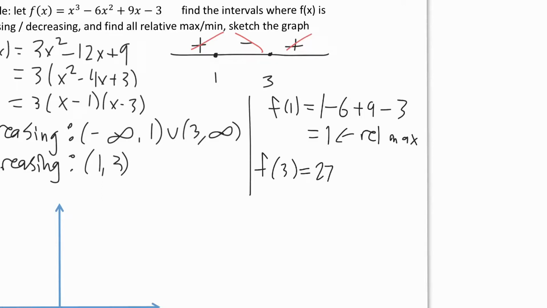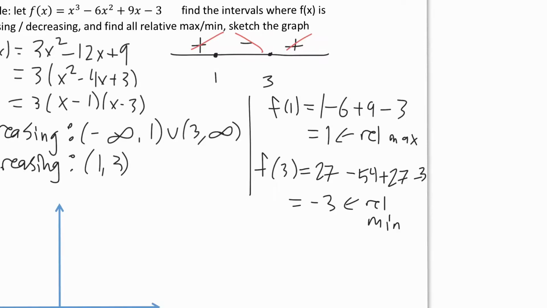So we get 27 minus 6 times 9, so 54, plus 9 times 3, so 27, and then minus 3. So the 27's cancel with the 54, giving us negative 3. This is our relative min.